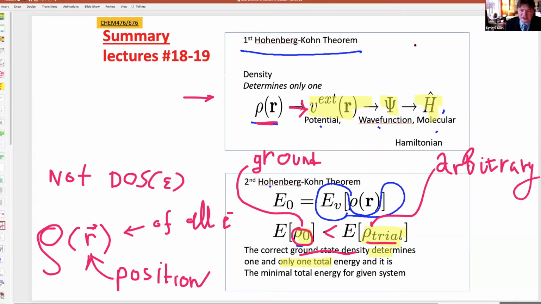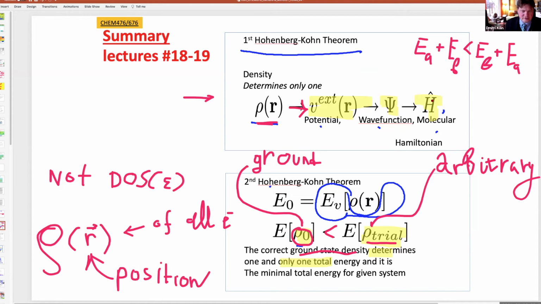It uses energy: we came from contradiction, so A plus B is smaller than B plus A. So we were operating with the concept of energy, but the formulation of the theorem is not talking about it. It tells just that density determines everything, including energy.